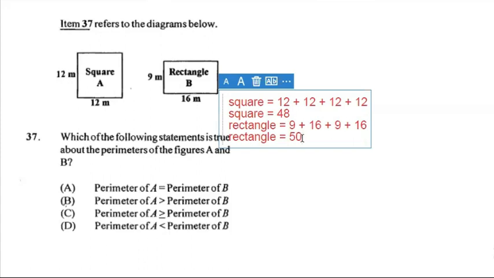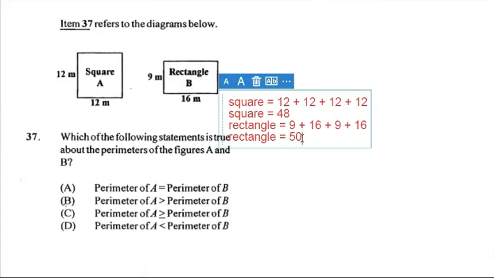So now let us look at what each statement is saying and see which one is true. So A says perimeter of A, which is the square, is equal to perimeter of B, which is a rectangle. This is definitely not true, as 48 is not equal to 50. B says perimeter of A is greater than the perimeter of B. That is not true, as 48 is definitely not greater than 50.